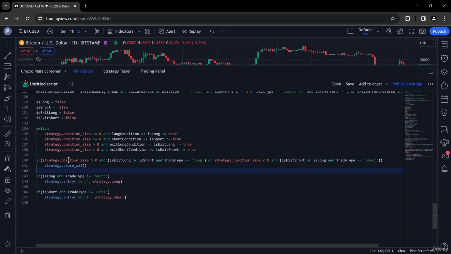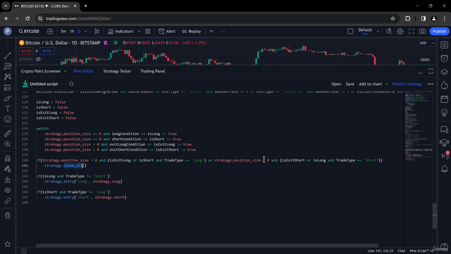So when position is long and exit long is true, or we have a short signal and the short signals are not allowed, then we close all positions.